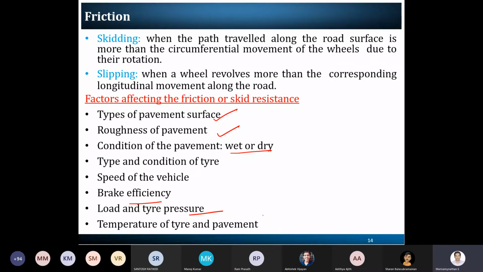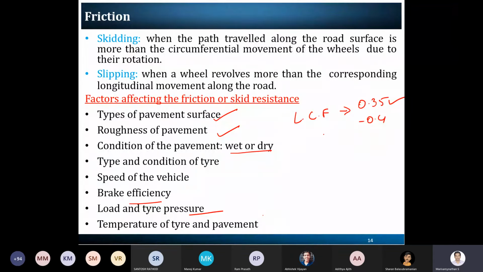With respect to various research and practical feasibility, and also the Indian conditions, the IRC, Indian Roads Congress, recommended the coefficients of friction. Whenever we solve problems in this unit, for the longitudinal coefficient of friction, the value considered is 0.35, and it may vary up to 0.4, but as standard we can consider 0.35 for calculation purposes.